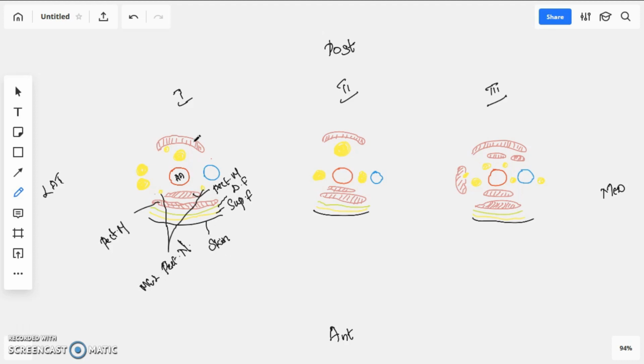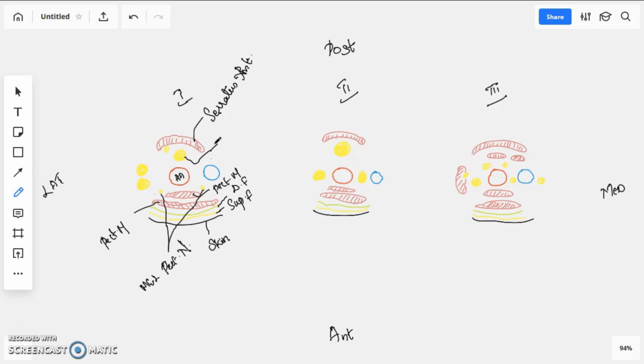Then we will move on to posterior relation. In posterior relation, you can see a muscle here, that is serratus anterior. Serratus anterior is a muscle seen in the posterior aspect of the first part of axillary artery, along with a cord of brachial plexus.